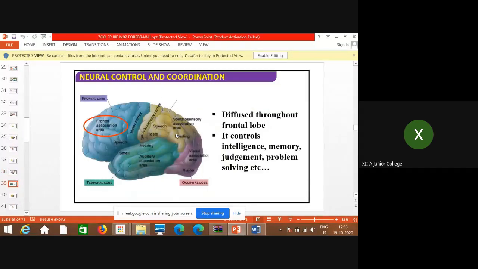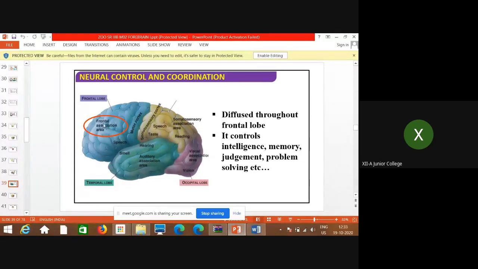Now, what is the role of this frontal lobe? Remember, diffused throughout the frontal lobe is the frontal associated area. It controls intelligence, memory, judgment, and problem solving capacity. All these important functions are performed by this associated area.